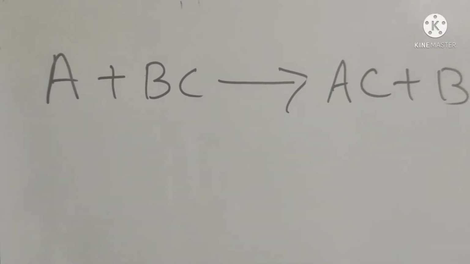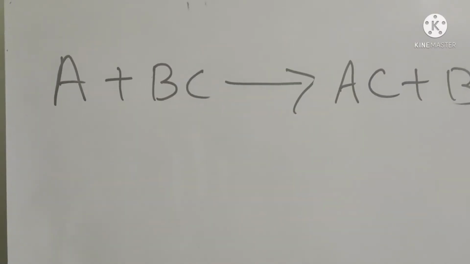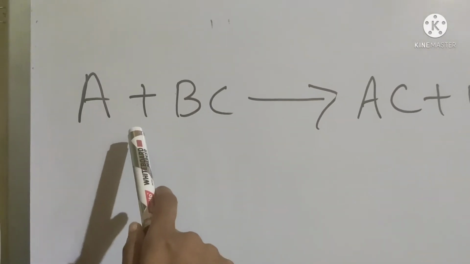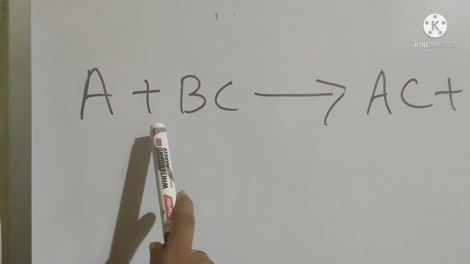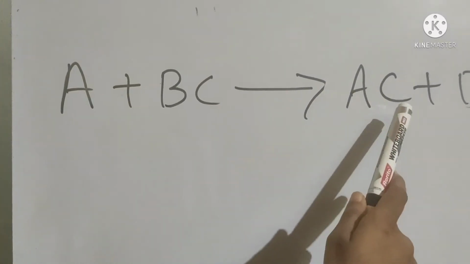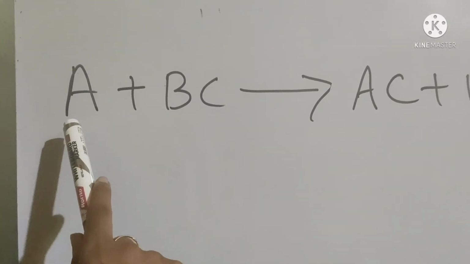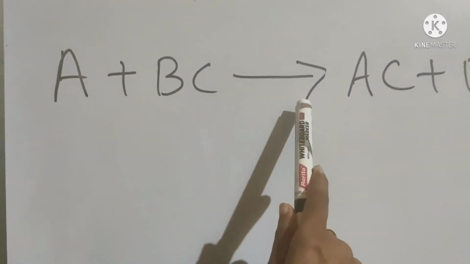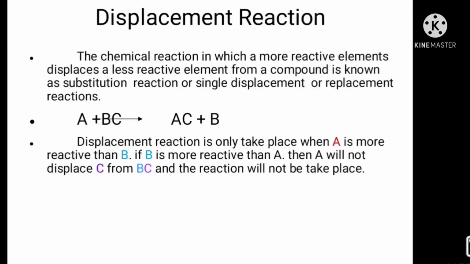In displacement reaction, the more reactive element displaces the less reactive element. Consider this equation: A reacts with the compound BC to give AC plus B. Here A is more reactive than B. Then A replaces B and gives AC plus B. So we have to know which element has higher reactivity and which has lower reactivity.